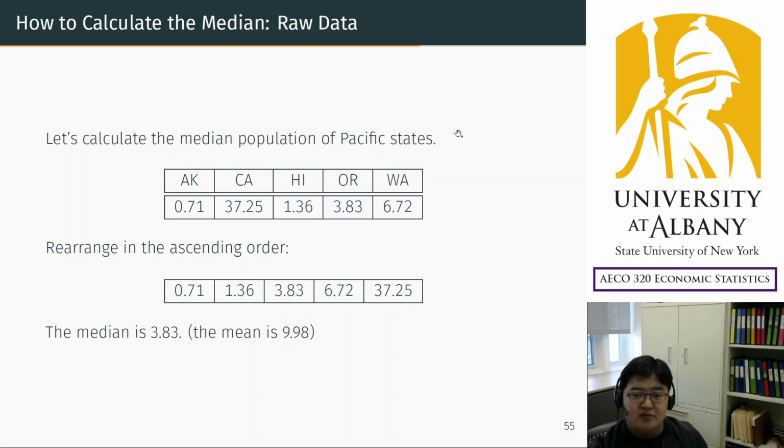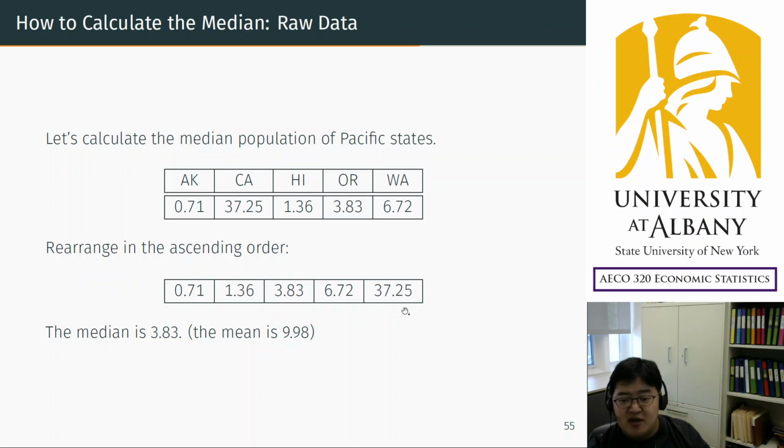For example, if you have raw data, what you do is just find the middle value. If you have an odd number of observations, just rearrange the observations in ascending order, or actually you may arrange them in descending order. It does not matter. Just choose the center.